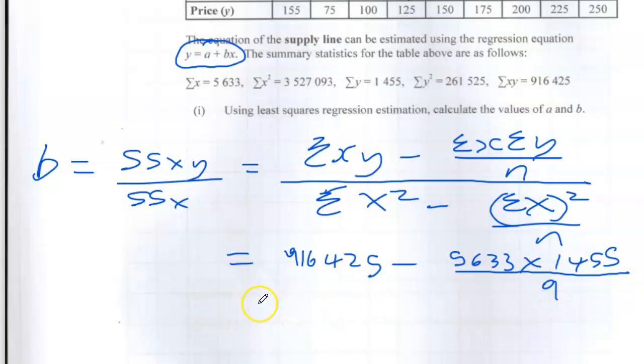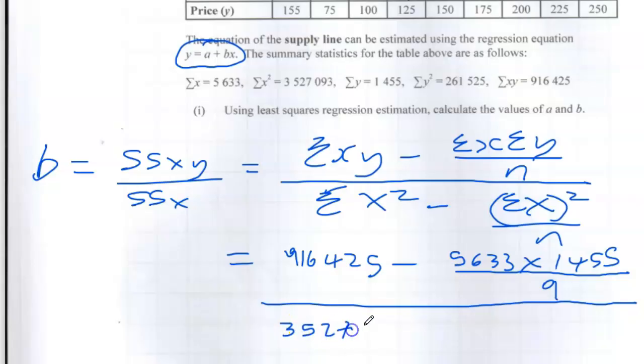All of that over the denominator now: sum of x squared, that's 3,527,093, minus sum of x all squared, so sum of x is 5633, all squared over n, which is 9. So those are the substitutions.